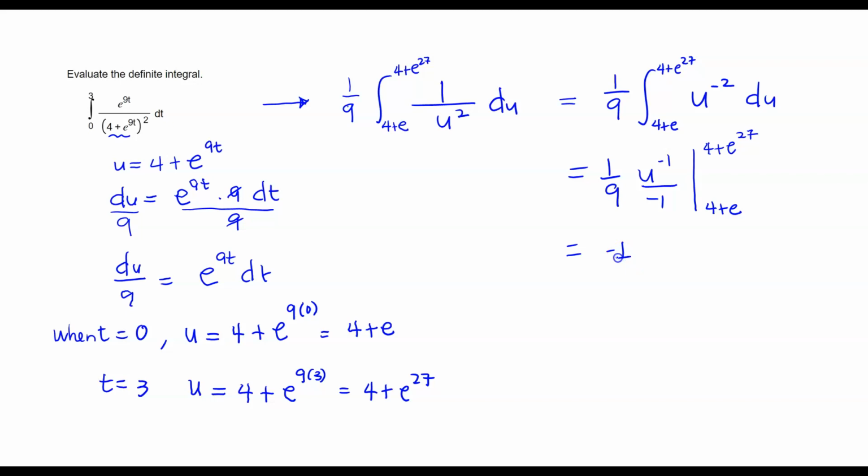So you have negative 1/9 times 1 over u, because u to the negative 1 is 1 over u. So 1 over 4 plus 9 e to the 27 minus 1 over 4 plus 9. This is the exact answer.